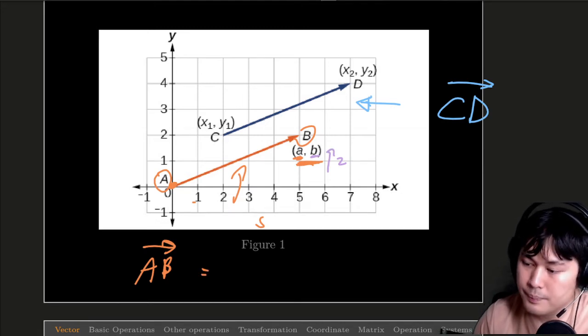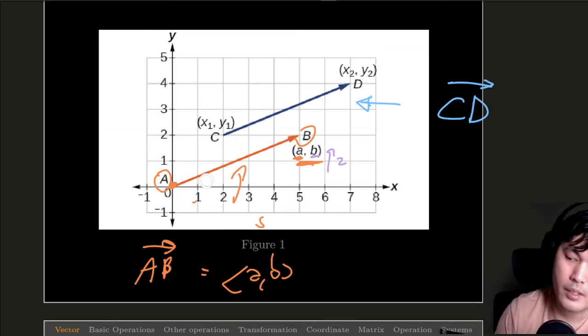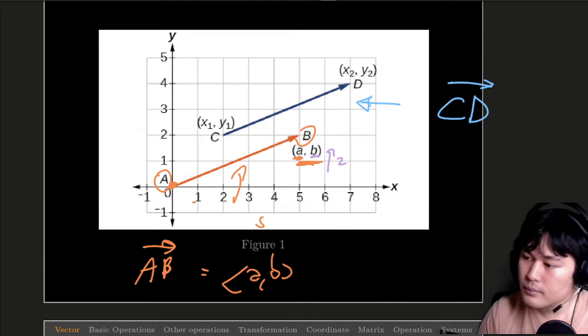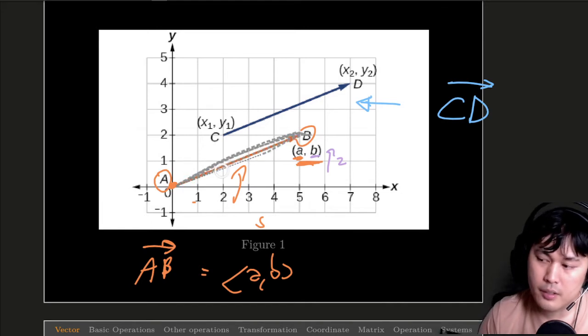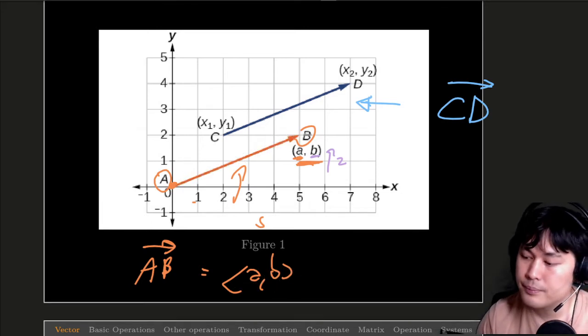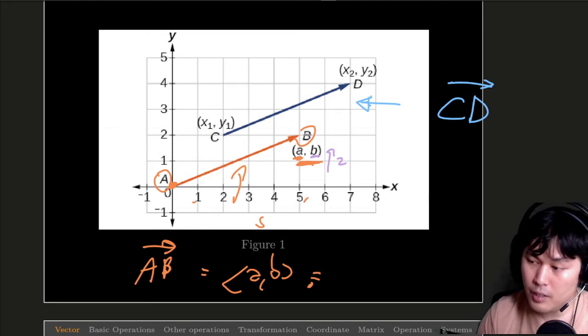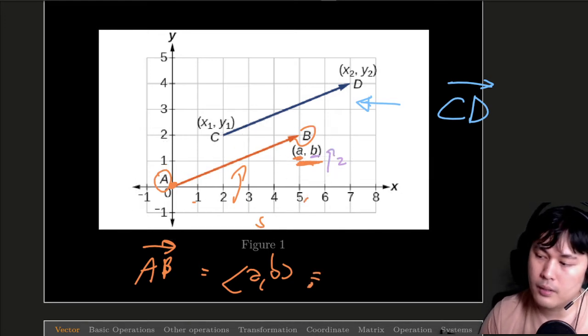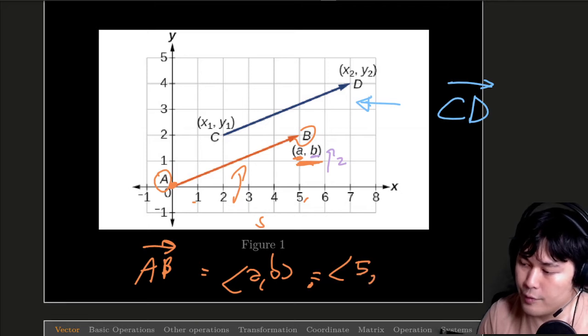But you can use this point to represent this vector instead. And so this orange vector is the vector A and B, which from this image is the vector 5 and 2.